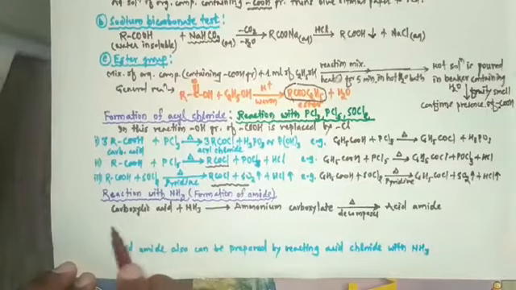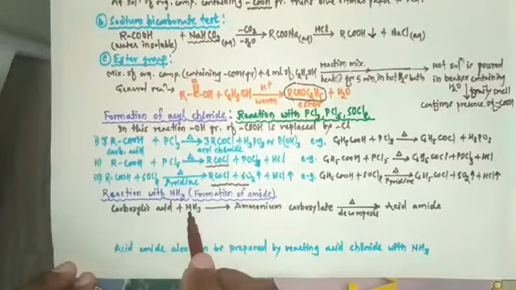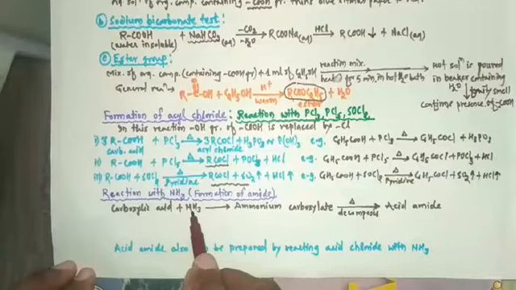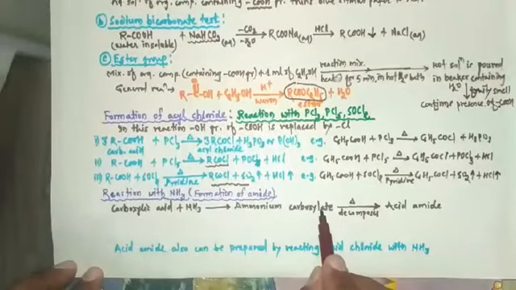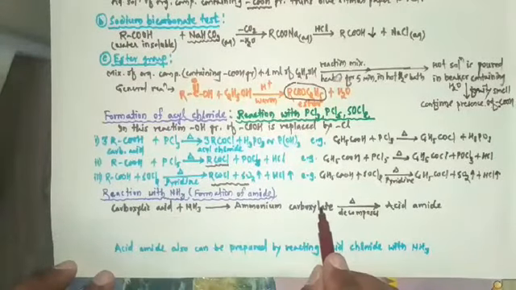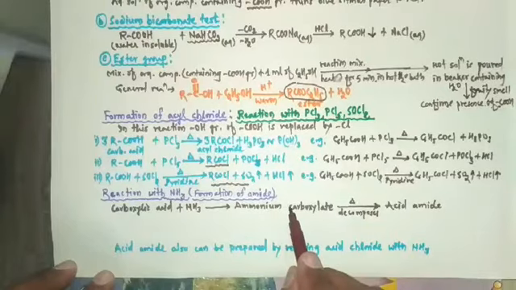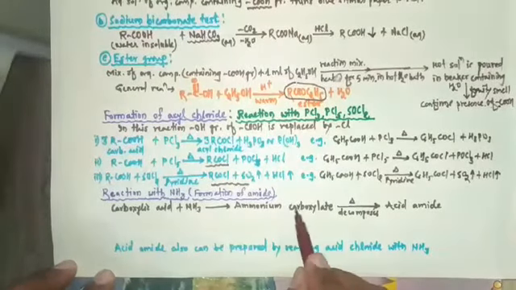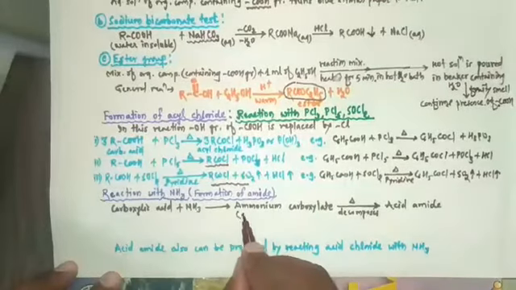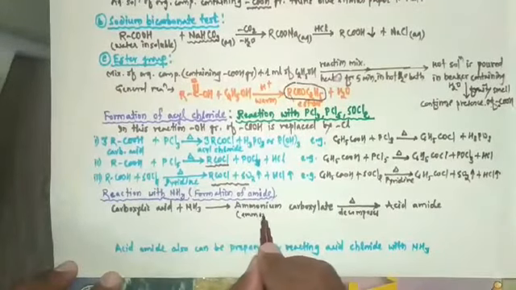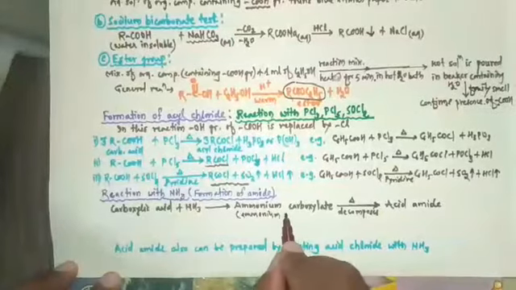So carboxylic acid on reacting with ammonia gives ammonium carboxylate. This ammonium carboxylate is also known as the ammonium salt of acid.